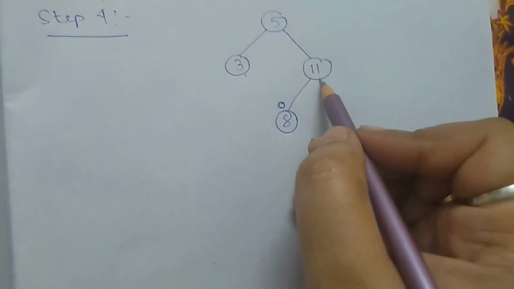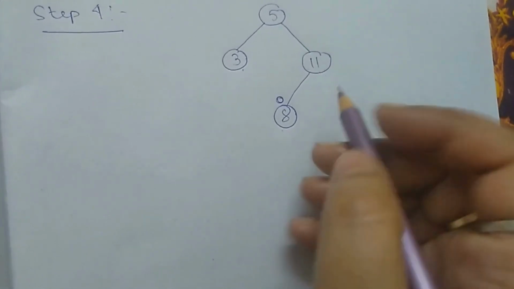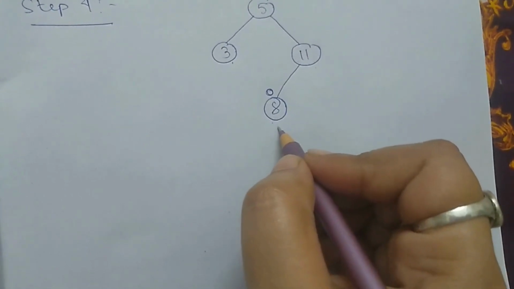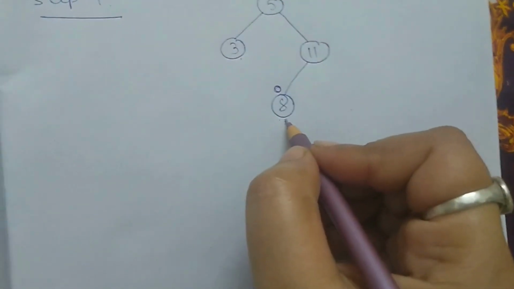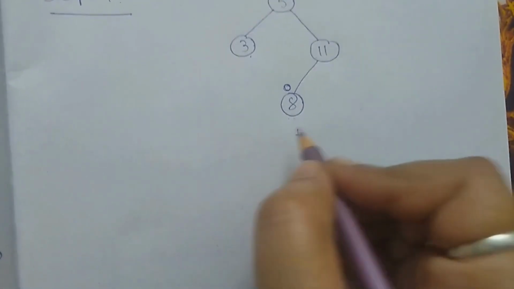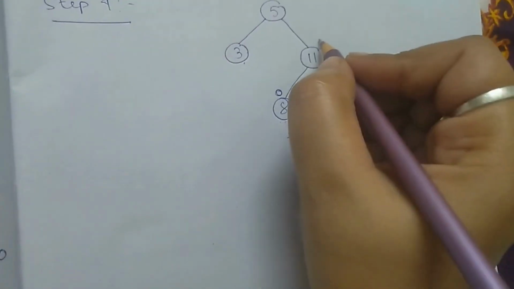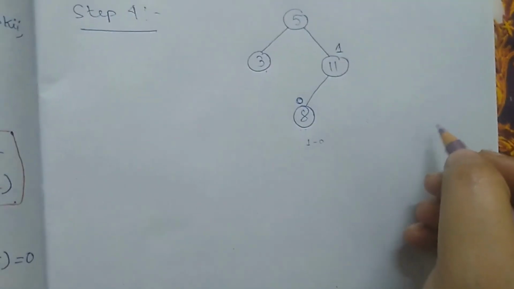Again when we calculate the height of 11, we apply the formula, that is left subtree minus right subtree. Here we get one left subtree value, that is 1, and there is no right subtree value, that is 0. So 1 minus 0, here we get the height of 11 is 1.